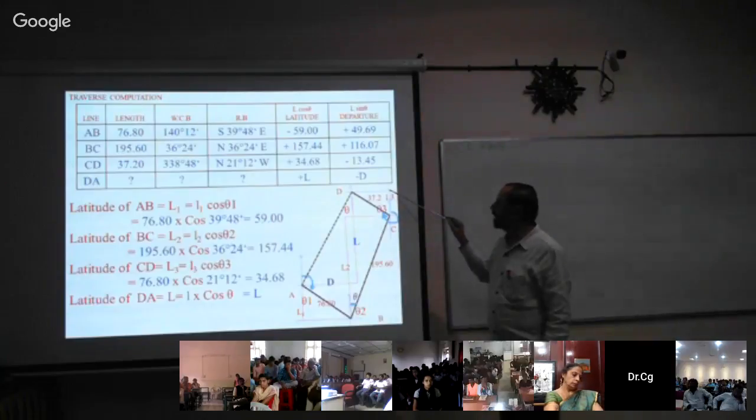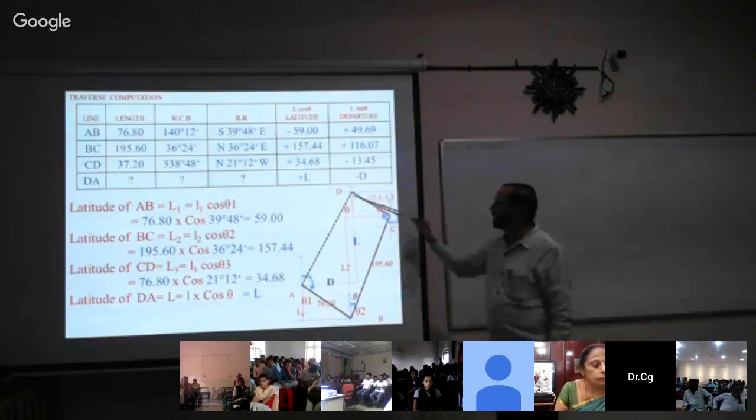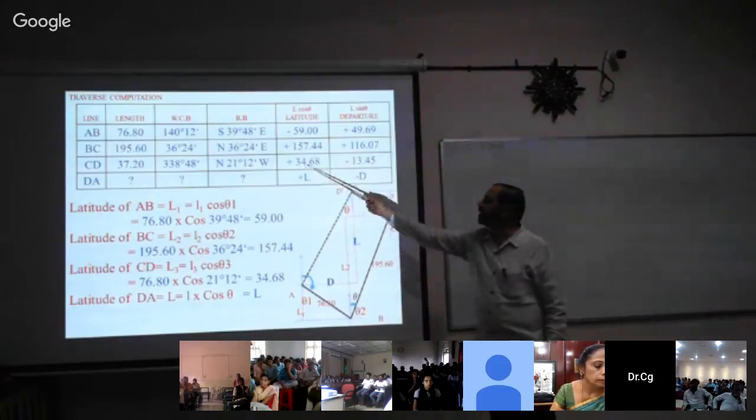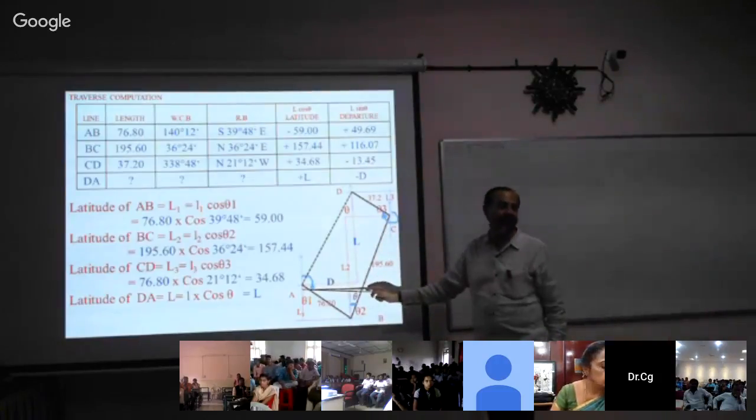Latitude is positive and departure is negative. The last line is DA, the closing error.